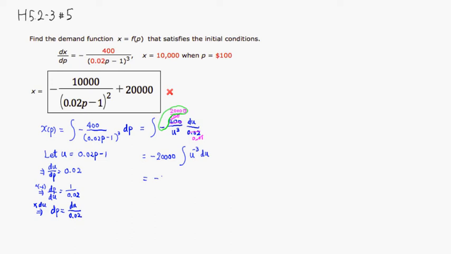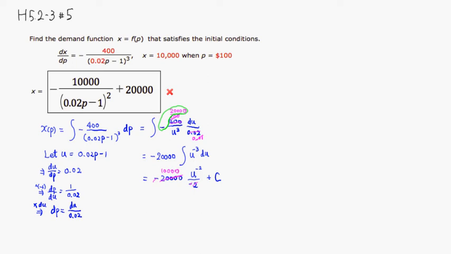So negative 20,000, and then add 1 to the power, so it's going to be negative 2, divided by negative 2, plus some constant c. Then we can cancel the negative sign and 2, and this is going to be just 10,000.